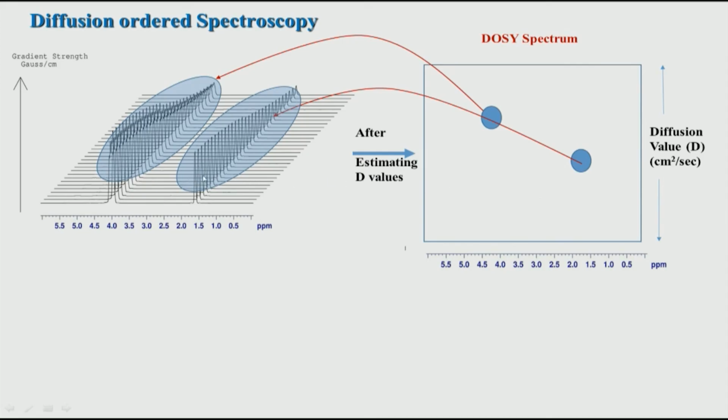But by simply doing this Dosy experiment you are able to say that this is one molecule and this peak belongs to another molecule, because if they were the same molecule they should have been on the same line, meaning they should have the same D value. But the diffusion values are different, and hence they can be called different molecules.